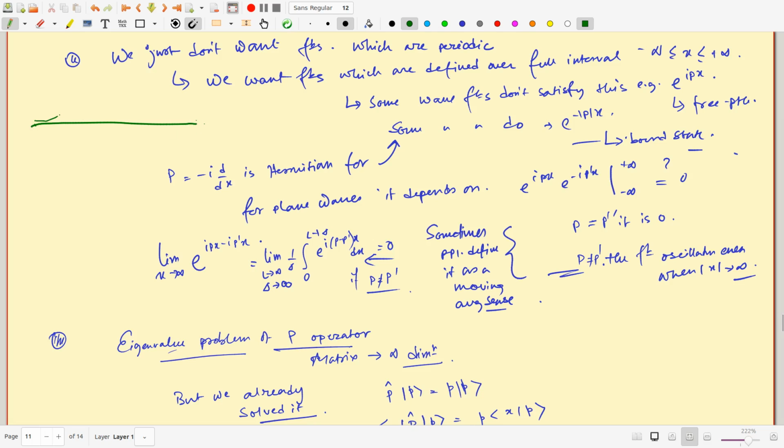But that is not necessarily always true, because there will always be some other types of functions which don't vanish.